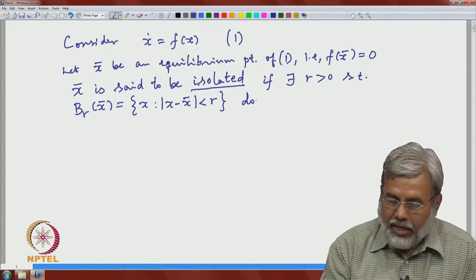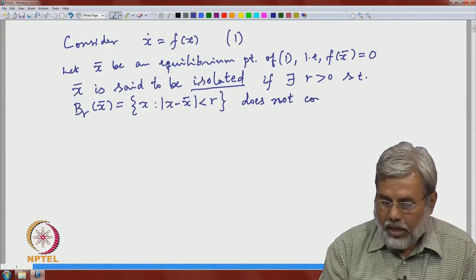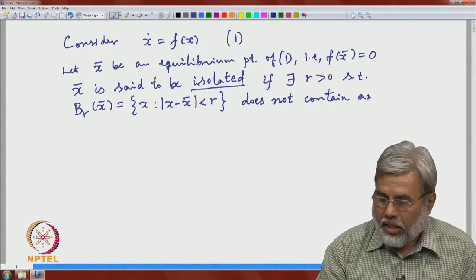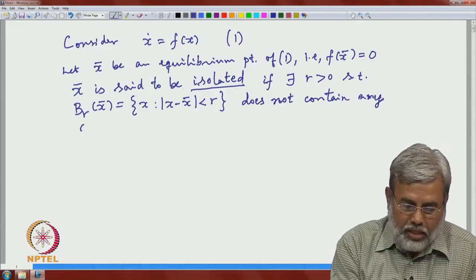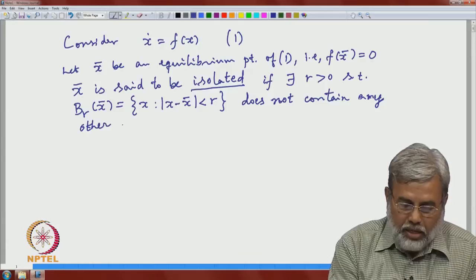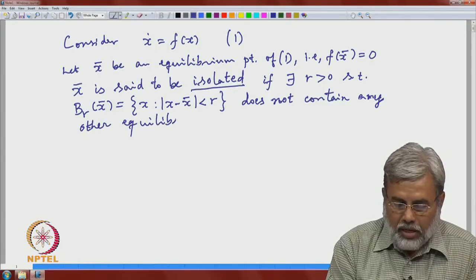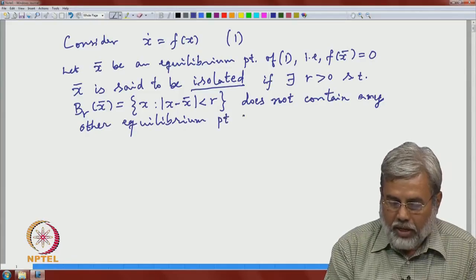which does not contain any other equilibrium point of 1.